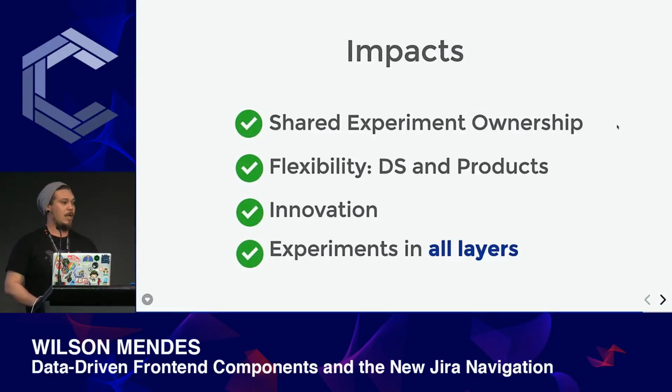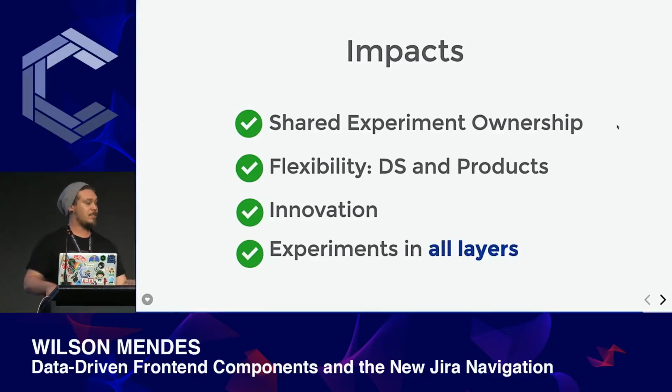And yeah, a few impacts. First, now we have shared experiment ownership. If you work in Jira, you can experiment on your side. If you work in the design system, you can experiment as well. Or if you work in any layer in the middle, you can experiment. So you have all the flexibility between design system and products to improve our products.